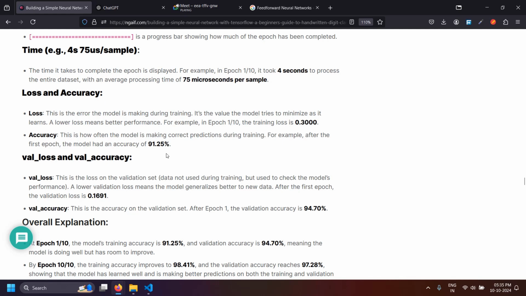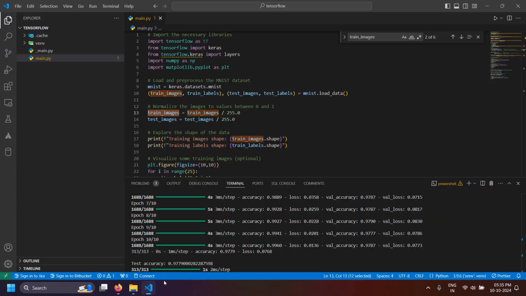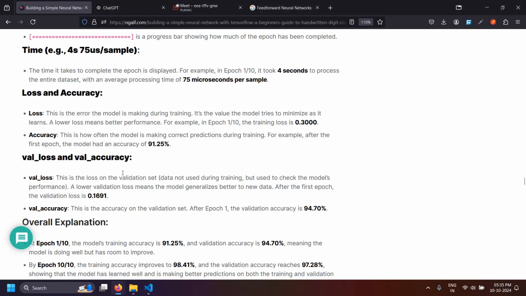Okay, so let's see the accuracy, what it means. Let's see what it is giving. Accuracy 0.9928, for example. This is how often the model is making correct predictions during training.